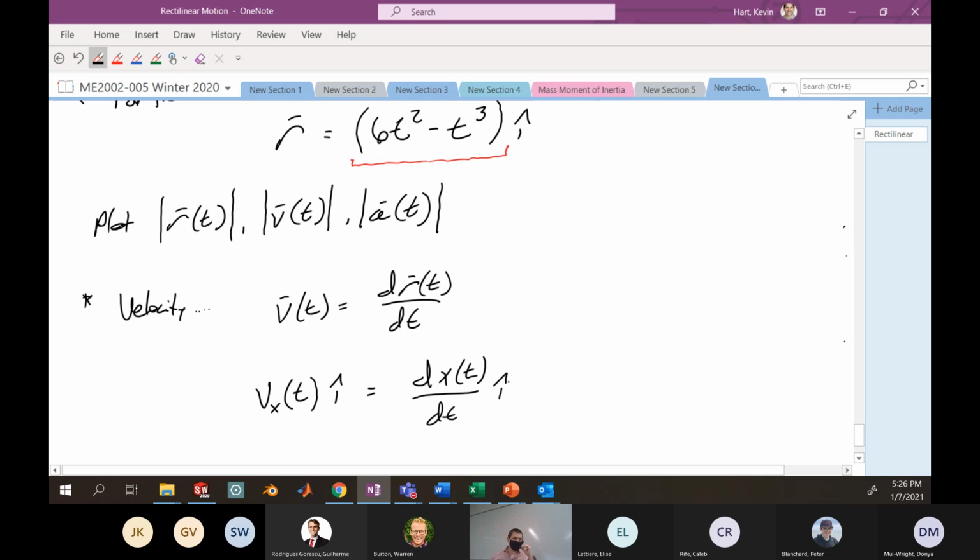Since we only have one-dimensional motion, this position vector only has one component, the x component. And so this here is basically my x of t for this problem. What is the position in x as a function of t?